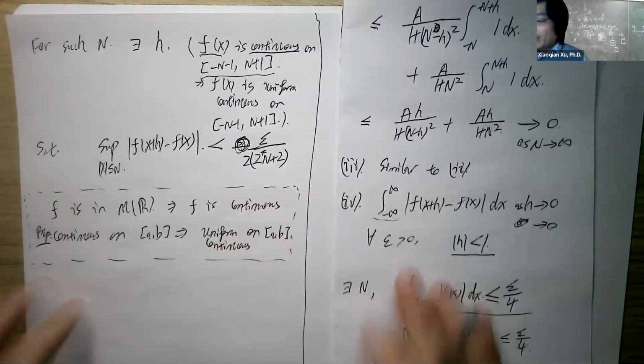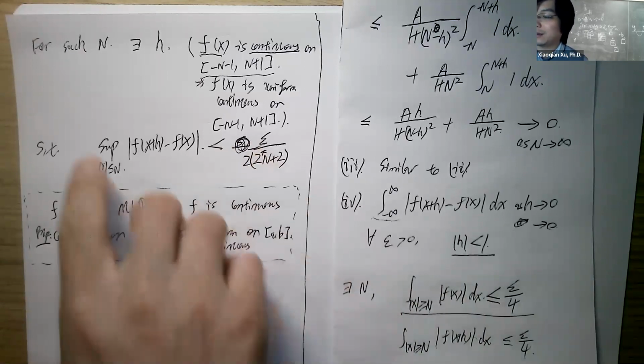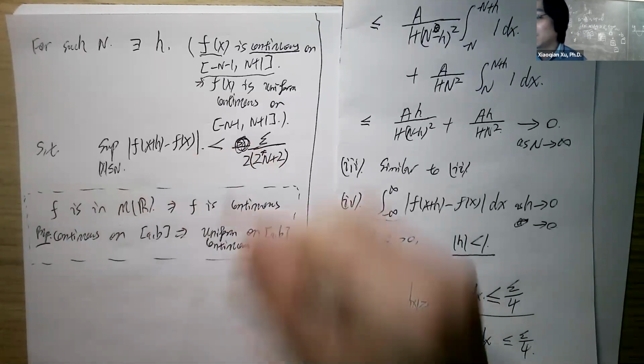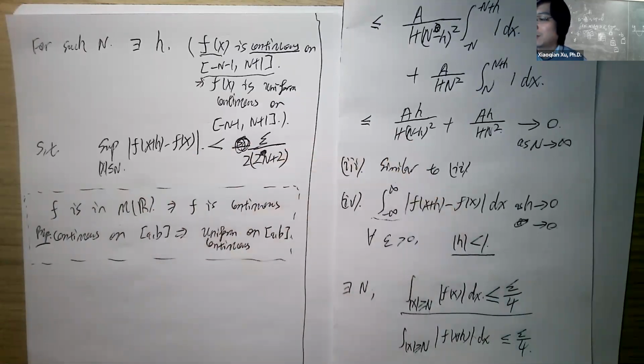So we have that this function is uniformly continuous, so we can choose h small enough so that it's very small, uniformly. I just write it here because we will use this kind of formulation in the future, but you can just think of it as very small.